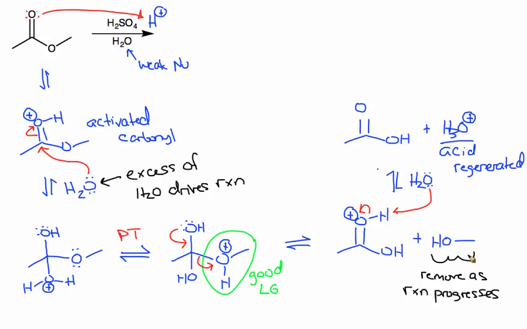But also by taking away this methanol, you eliminate the possibility of the reverse reaction because it's not there to add back into this, driving the reaction to the left. So those are a couple of ways you can favor the carboxylic acid product under these acidic conditions.